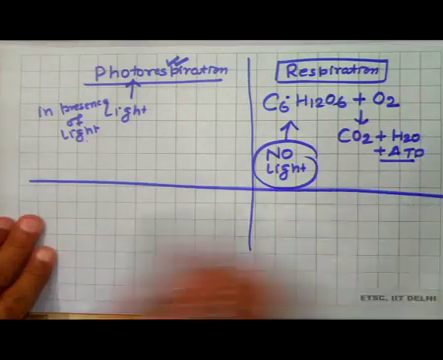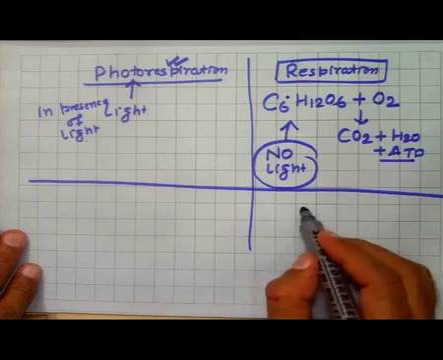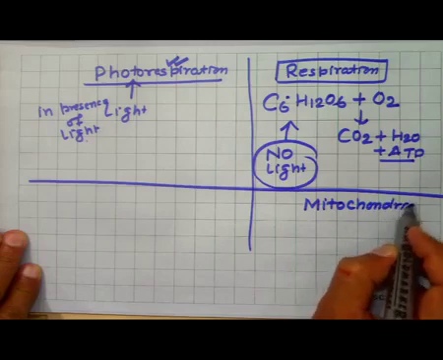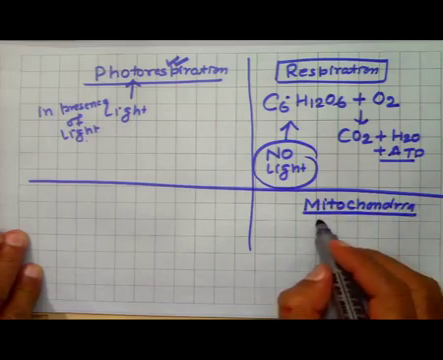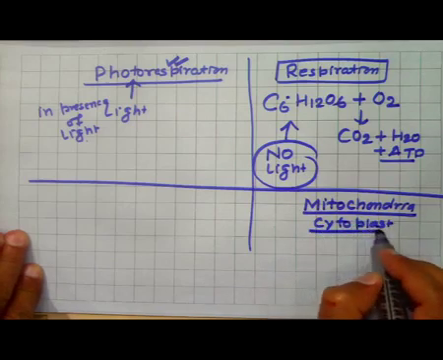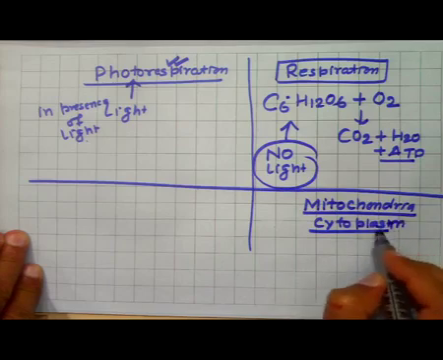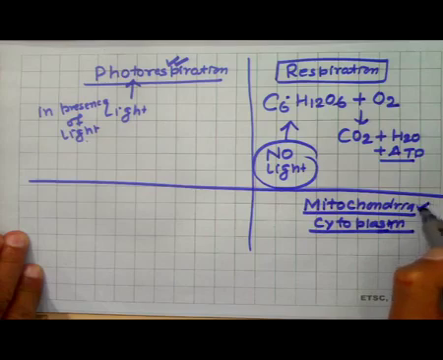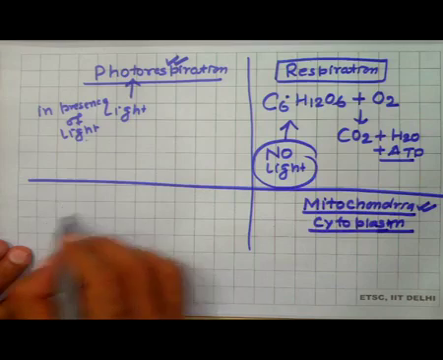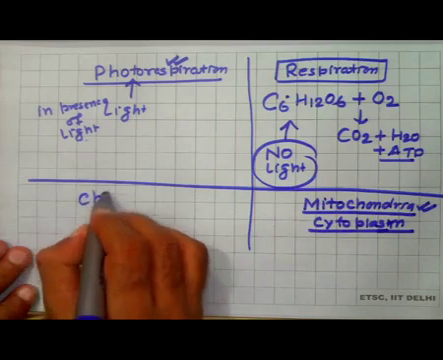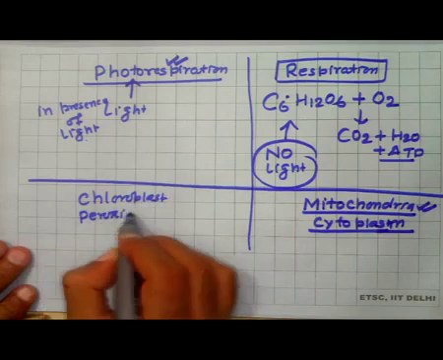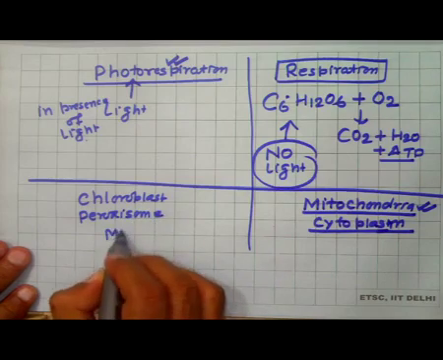The second difference: the respiration site is mitochondria, where ATP is formed, and we can say cytoplasm also, because glycolysis takes place in cytoplasm and Krebs cycle takes place in mitochondria. But here 3 organelles are involved: chloroplast, peroxisome and mitochondria.